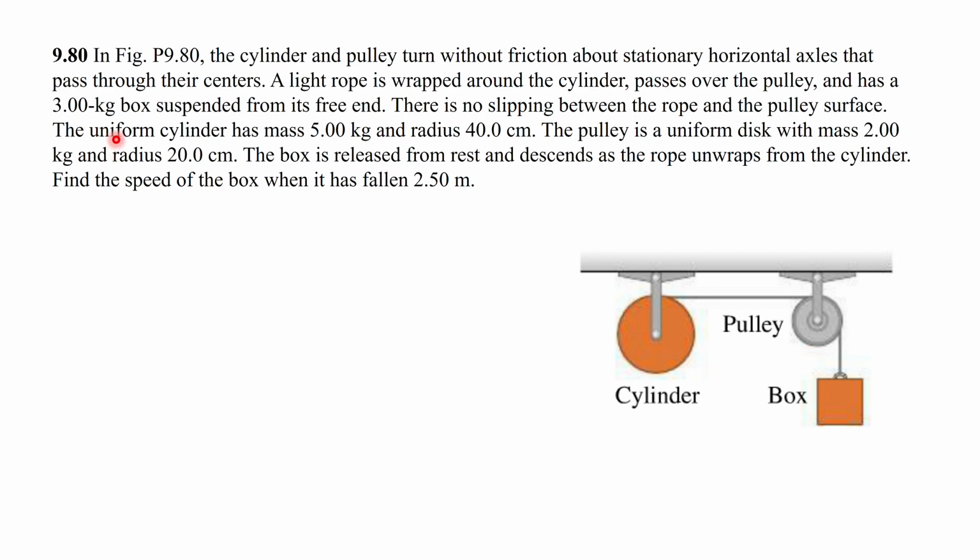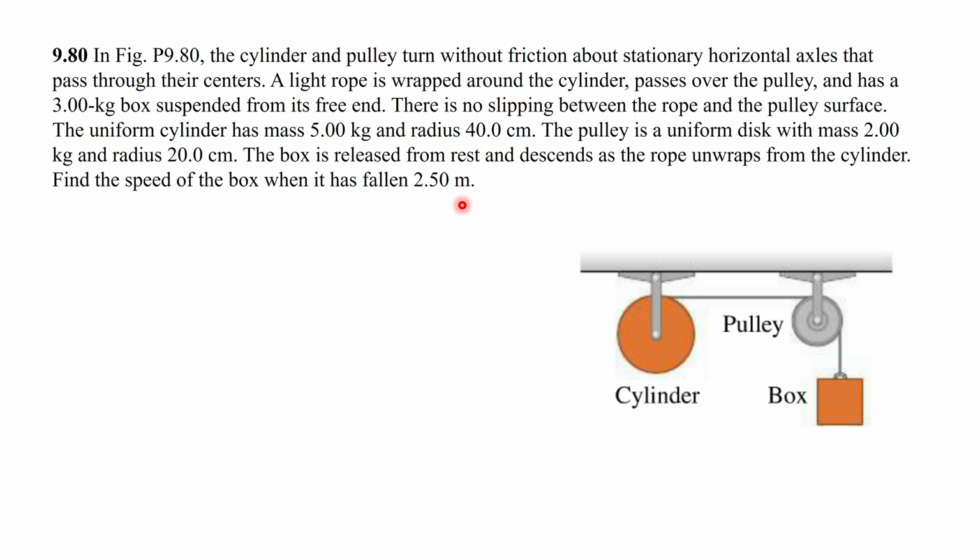Here we know the mass of the box, the mass and radius of the cylinder, and the mass and radius of the pulley. So we know all the geometries in this system. Another important piece of information is that we are going to calculate the speed when the box has fallen 2.5 meters.